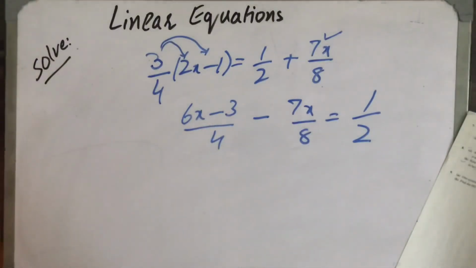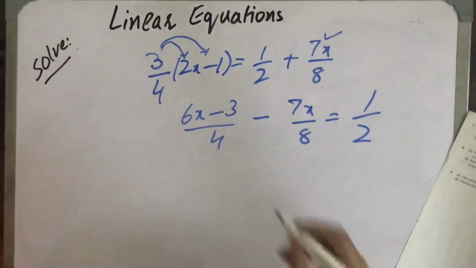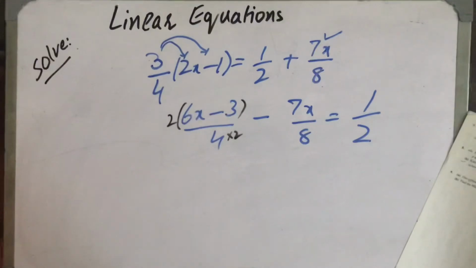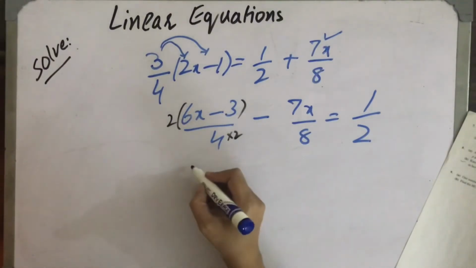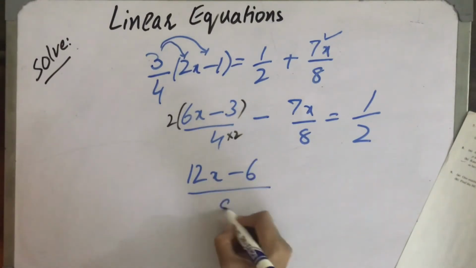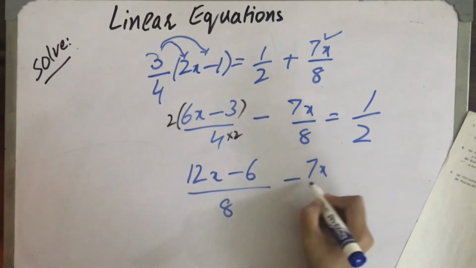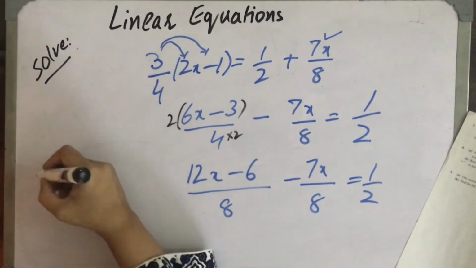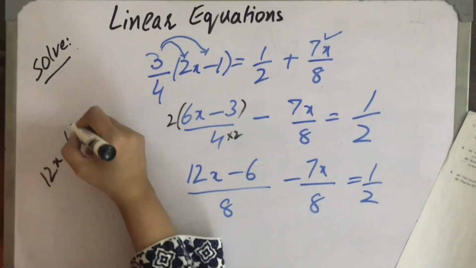The LCM of 4 and 8 is 8 because 8 is in the table of 4. So I shall multiply both with 2. Then we shall have 6 2 times 12x minus 3 2 times 6 over 8 minus 7x over 8. We shall bring them on the same denominator. 12x minus 6 minus 7x.